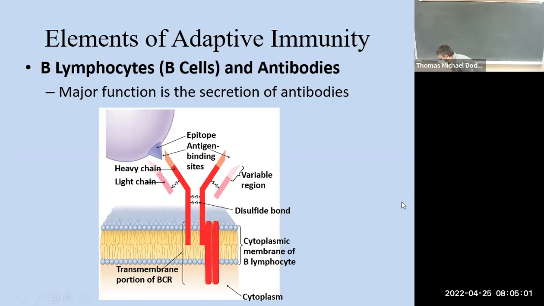B cells are some of our adaptive immunity. Just keep in mind the difference between innate and adaptive: innate is not specific to certain pathogens, not much at least. Whereas adaptive immunity is very specific. It doesn't require you to have encountered something before, but it can respond more quickly to something your body has encountered before.